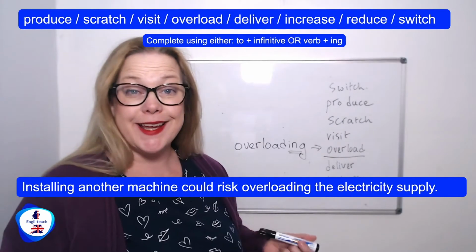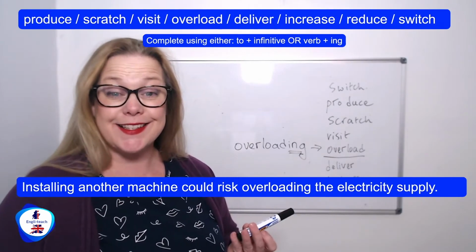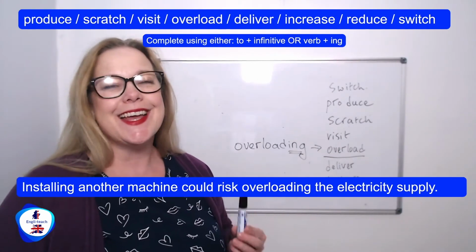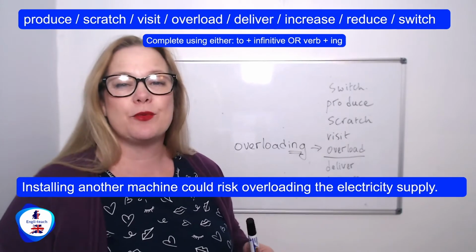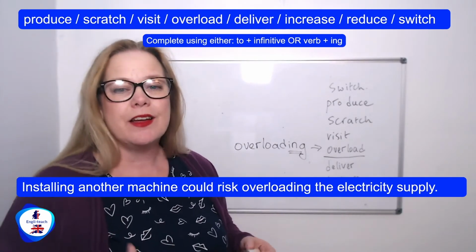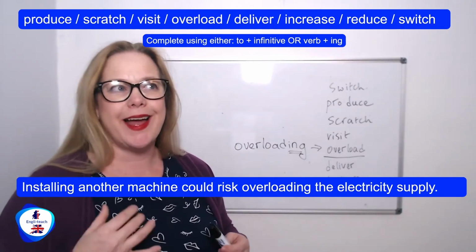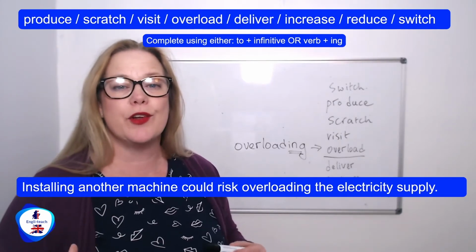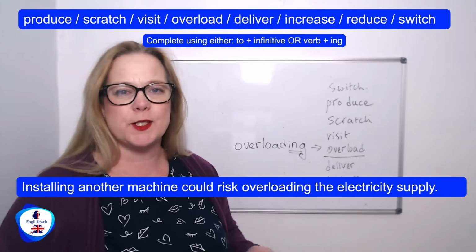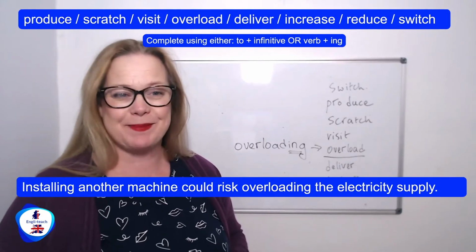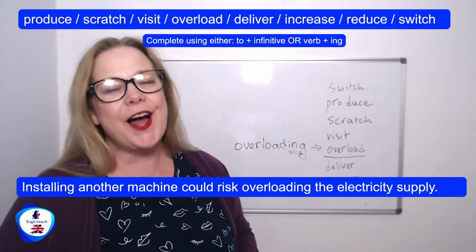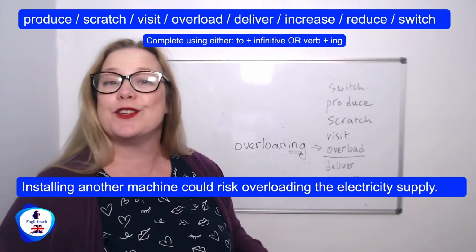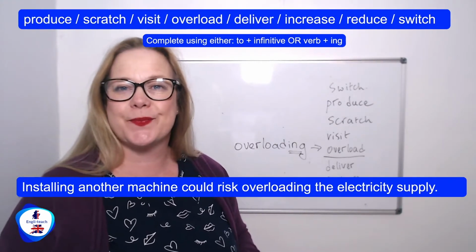And when you see it in its complete sentence, doesn't it just look wonderful? Installing another machine could risk overloading the electricity supply. And that -ing is said very softly, not overload, overloading the electricity supply even. Okay, let's move on to the next question.